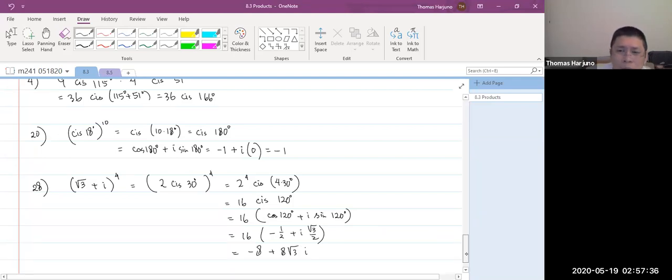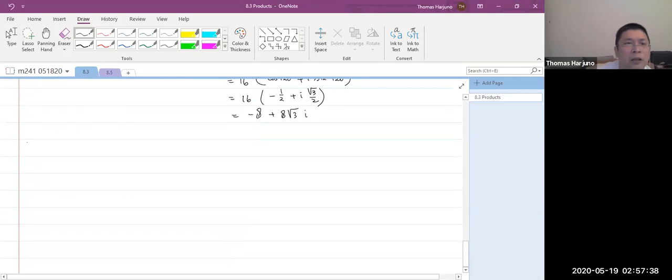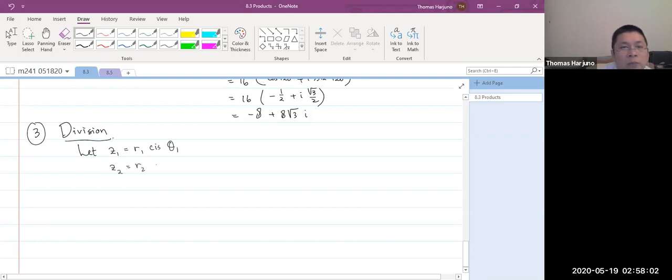Now that's for the product and exponent. Now for the division, part 3, it's actually a very similar idea. When we multiply, we take the product of the radii and then add the angles. But if we divide, we actually divide the radii and subtract the angles.